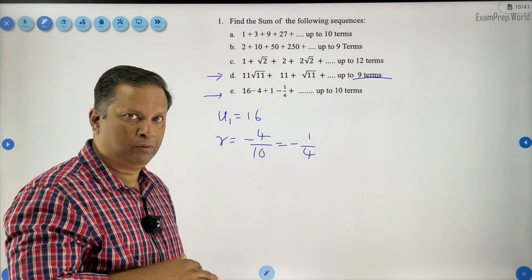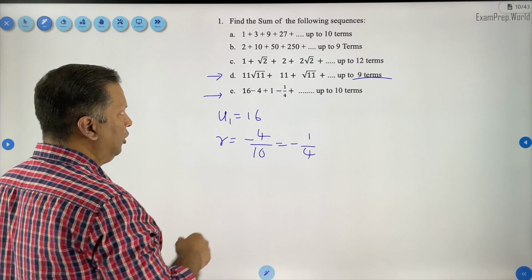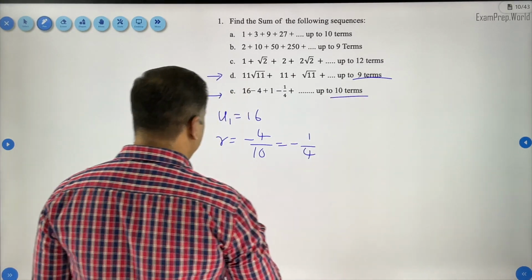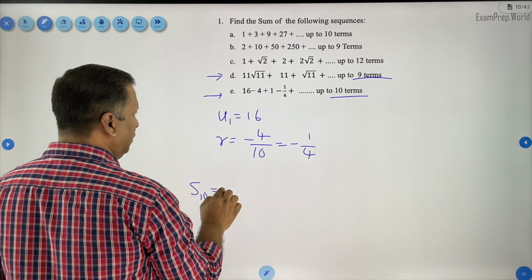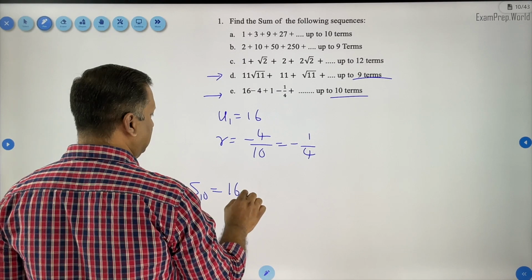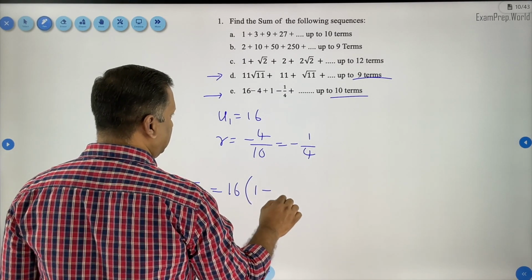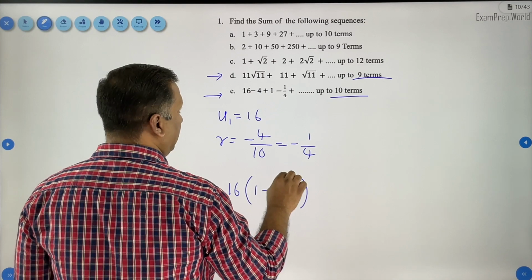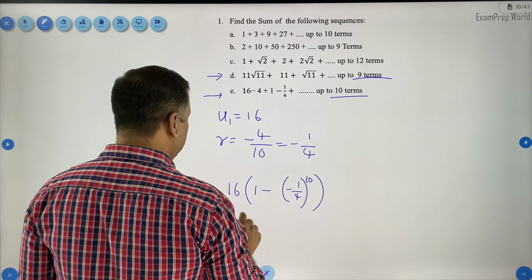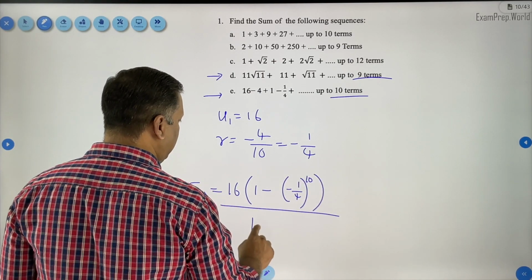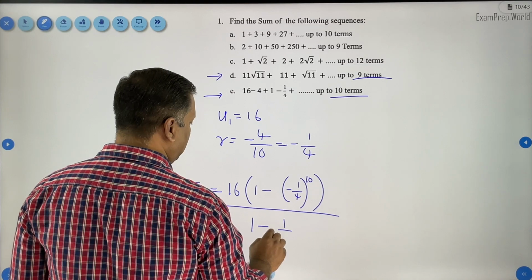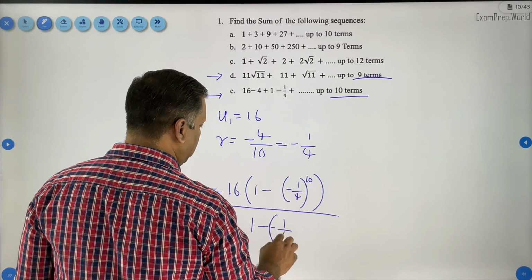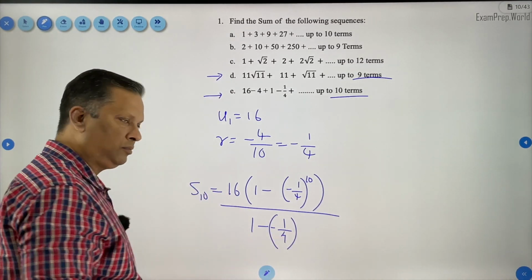We will use the same formula which we used before. And how many terms? They are asking us S10. So S10 equals U1, 16, into 1 minus (negative 1 by 4) whole to power 10, divided by 1 minus of minus 1 by 4.